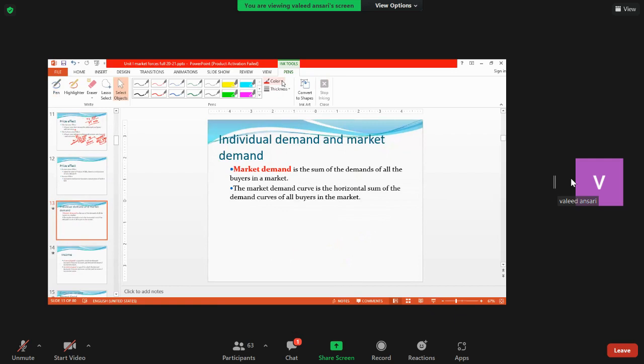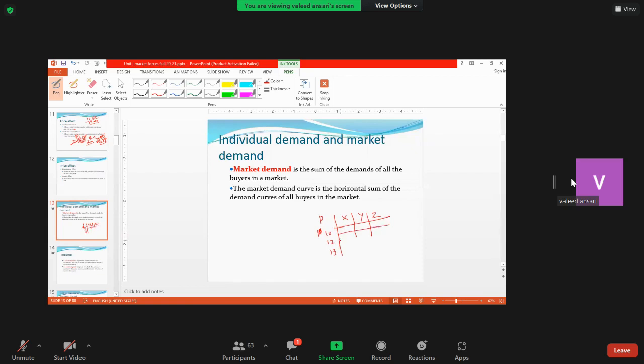Now, the market is composed of a large number of buyers. So, for example, let us say the market has X, Y, Z consumers, and these consumers demand quantities of the product at different prices, let us say 10, 12, 13, 14.